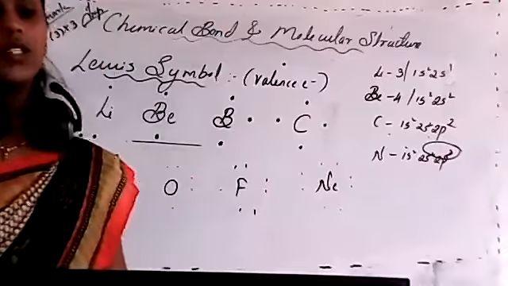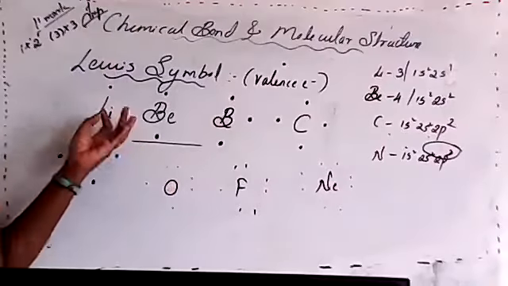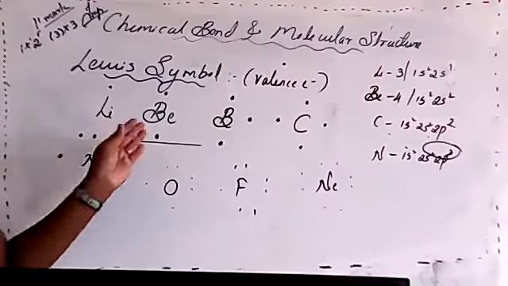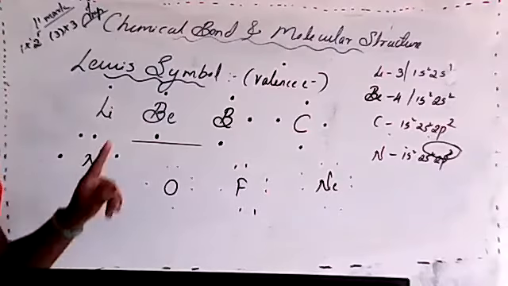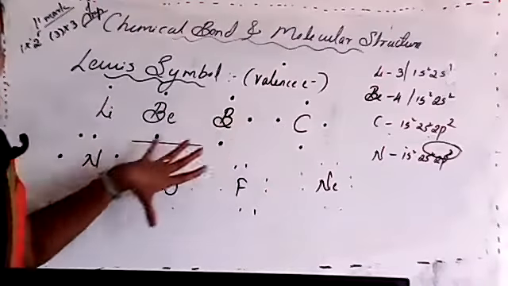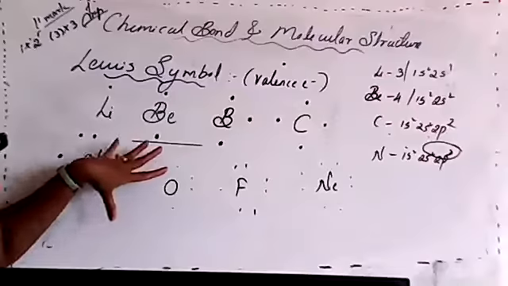Dear student, what is the significance of the Lewis symbol? I already mentioned. What is the significance of Lewis structure? The group valence of the element is. So now this is for a single element.